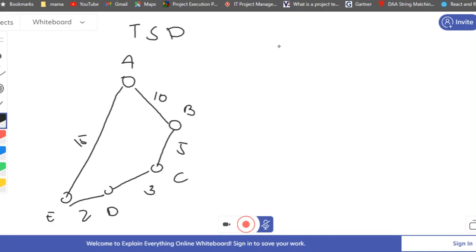So, for example, nag-start siya from A or nasa place A siya. So, we have to include all the possible paths na pwede niyang ikutan para matapos yung kanyang work.